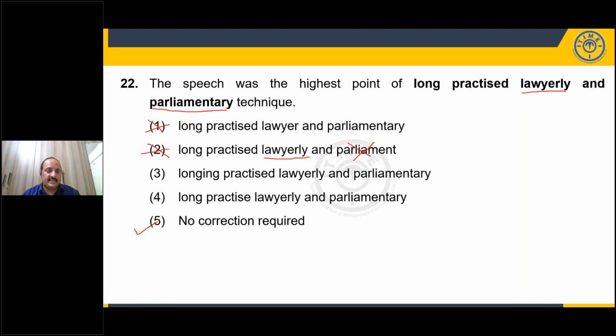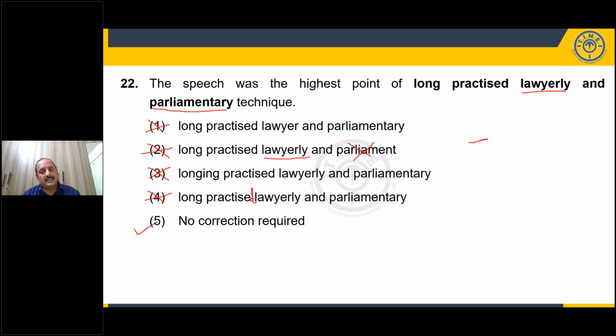So 2 gets eliminated. Longing practice, but this is totally wrong because longing is not appropriate here. Long practice. Now lawyerly parliamentary is correct, but I need to say practiced because practice is a verb. Practiced would be its adjective form. So 4 also gets eliminated.